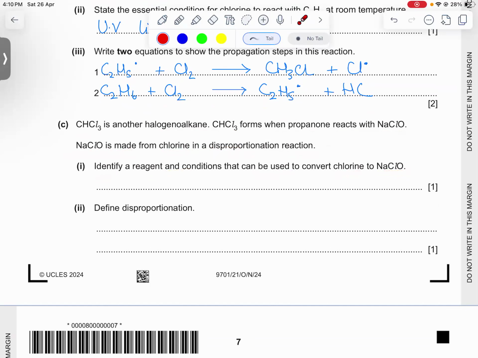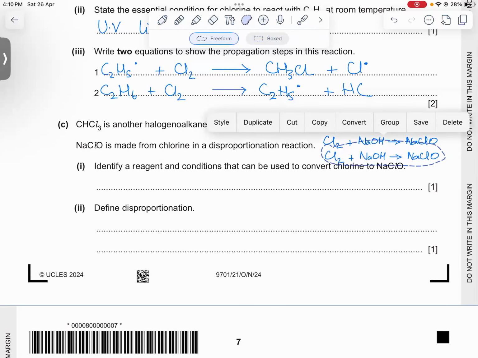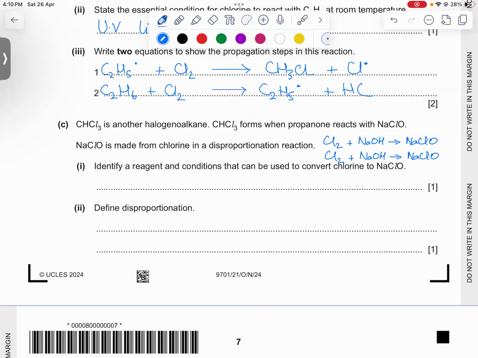Chlorine can react with sodium hydroxide and produce NaClO, but when conditions are changed a little, it can produce NaClO3. When does each form? This is something you have to remember.